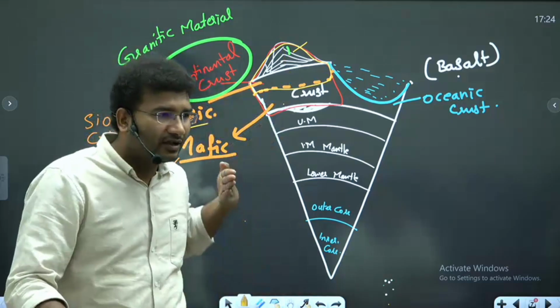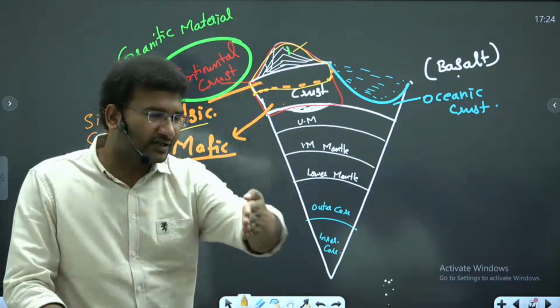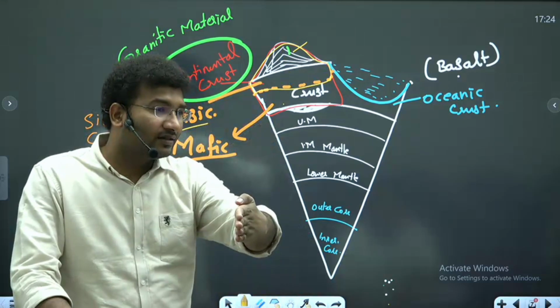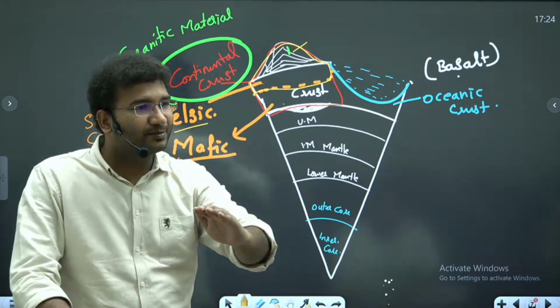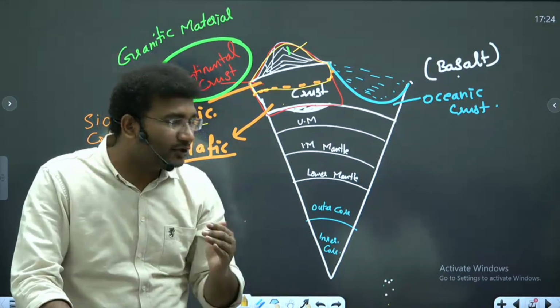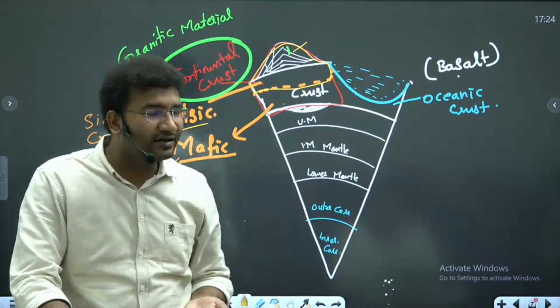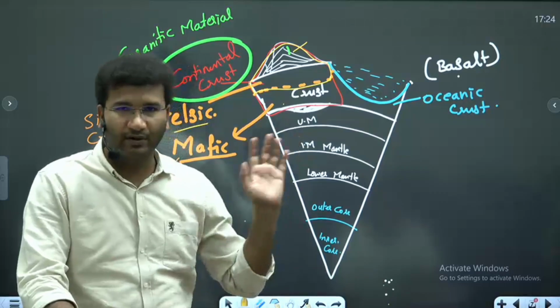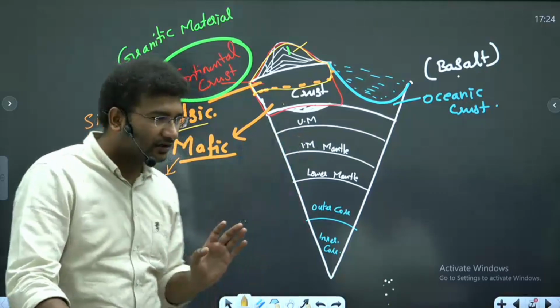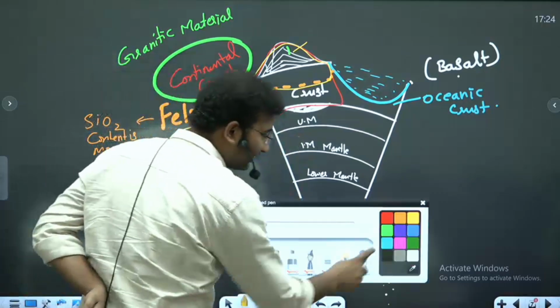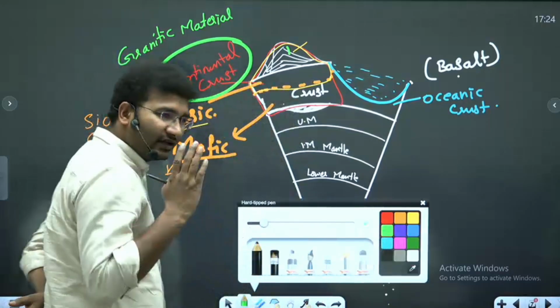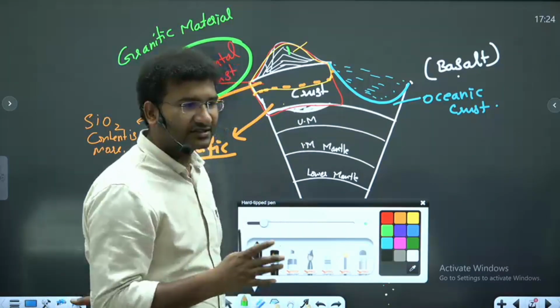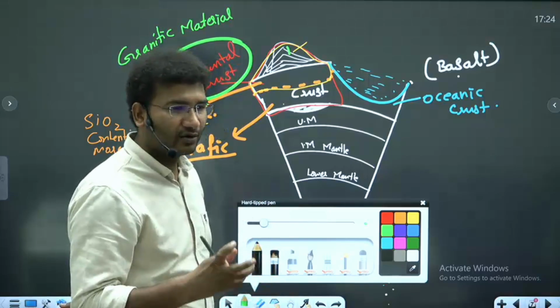Discontinuity means what? If my P waves are moving at X speed, there is a discontinuity. Means the speed variation is there. When you have a speed variation, that is an indication that there is some kind of density variation also. I hope you are able to understand what I am trying to tell you. Right? So he said there is a discontinuity in the movement of that wave, and that discontinuity is called as Conrad discontinuity.